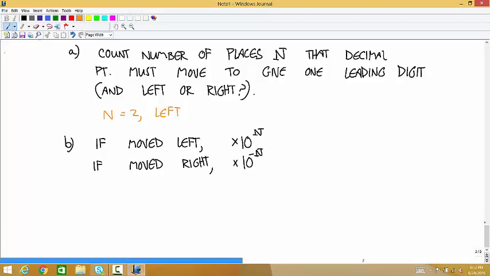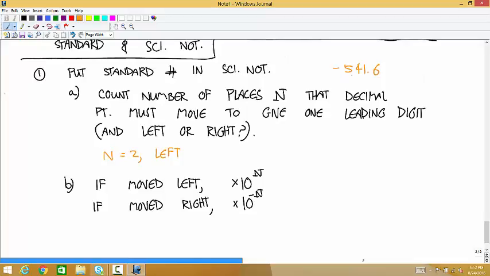So in the example that we did, negative 541.6, we'll have negative 5.416 times 10 to the positive 2.